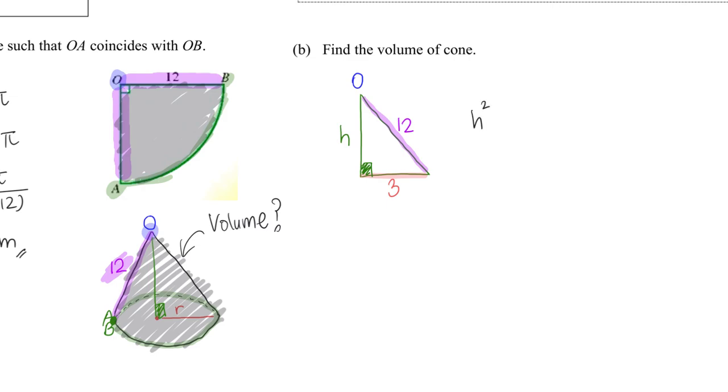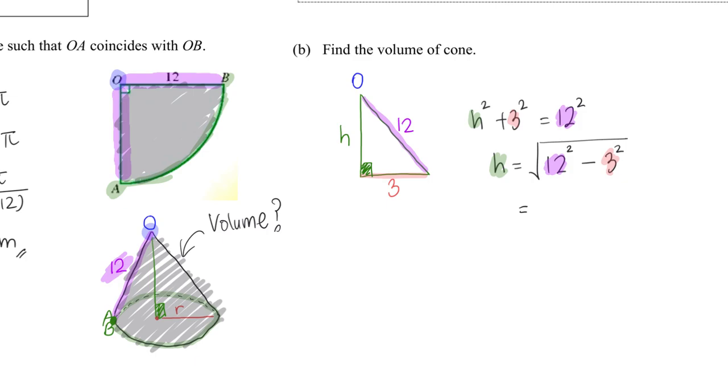So h squared plus 3 squared is equal to 12 squared. And from here, I can get my height easily. I will need to minus away my 3 squared before I square root. Okay, this is my longest side, this is my radius, and this is my height.